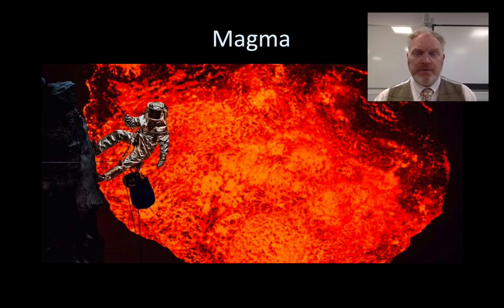First of all, magma. Magma is molten rock. Usually molten rock below the surface, but it's rock that's been heated up, usually under pressure, usually with gas in it. There's a combination of different things in there, but the key feature is it's molten, hot, liquid rock.